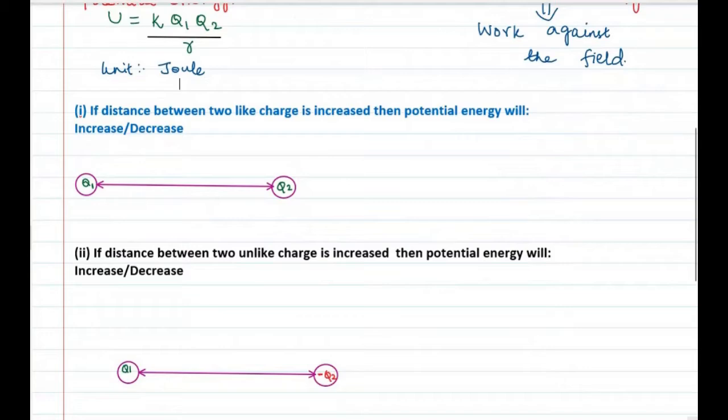So the first question is, if the distance between two like charges is increased, will the potential energy increase or decrease? Q1 and Q2 are like charges. Now we are increasing the distance, moving Q2 to some distance R. Between Q1 and Q2 we have a repulsive force.